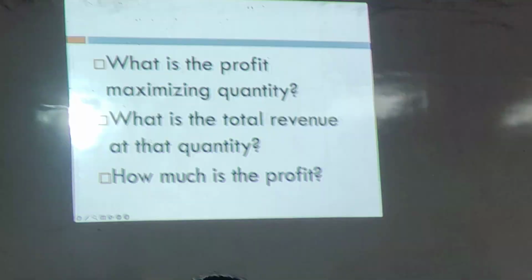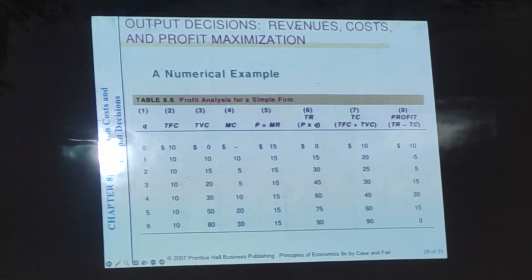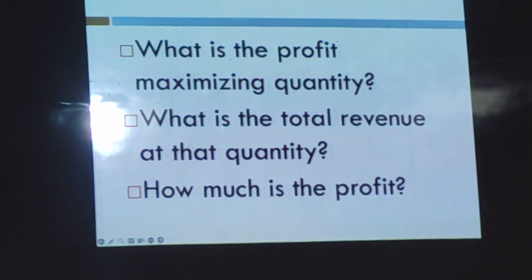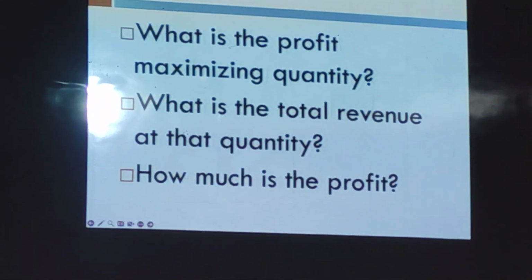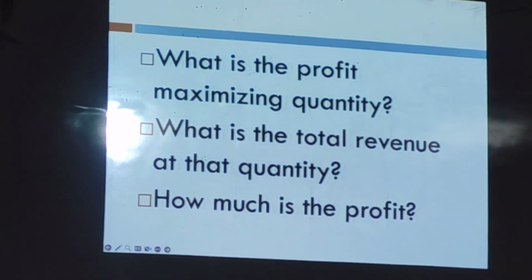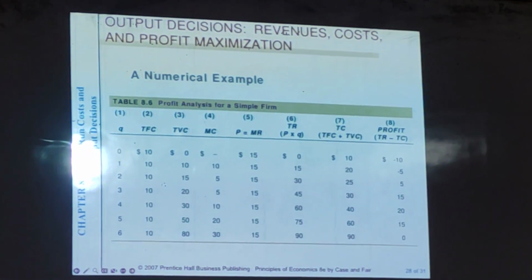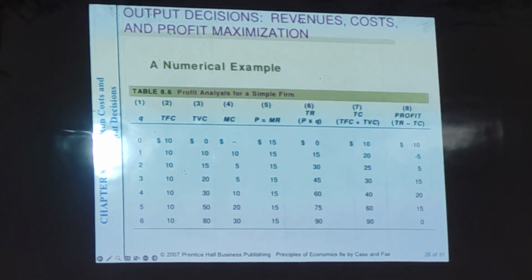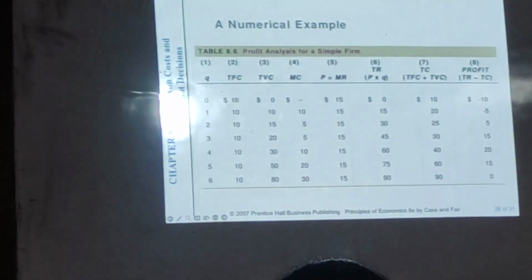Now, let's try to answer these questions according to this table. What is the profit maximizing quantity? What is the total revenue at that quantity? How much is the profit? So here, at what quantity do we have the profit maximizing quantity?